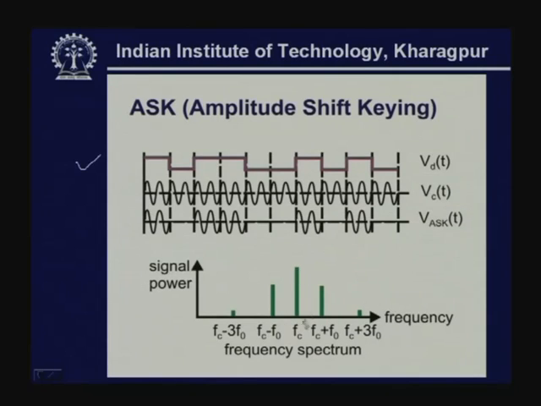So, apart from the carrier frequency, we have fc plus f0, the carrier plus the fundamental frequency of the signal, then third harmonic fc plus 3 f0. On the other side, we have fc minus f0, fc minus 3 f0 and so on. Of course, the other spectral components will have lesser and lesser amplitude.